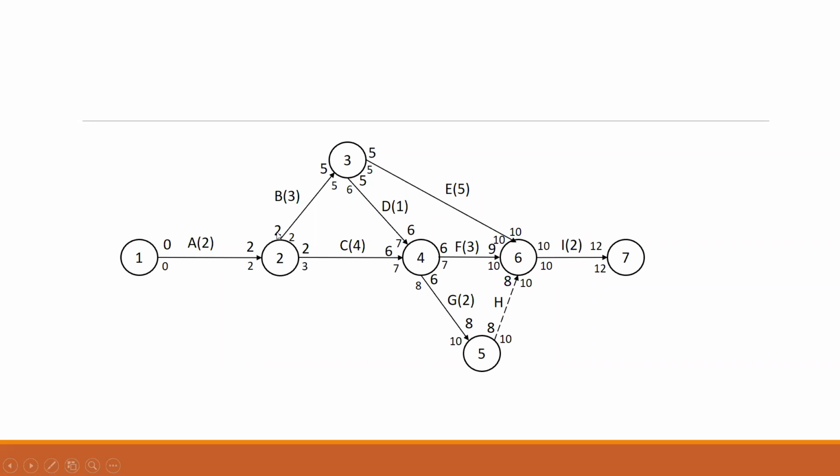Then this event, that is 2, 3, or you can call it activity B, will start at 2. 2 plus 3 gives you 5. Here also 2 plus 4 gives you 6. Now this is 5, so here we have the earliest start as 5, both of them. 5 plus 5 gives you 10. 5 plus 1 gives you 6.